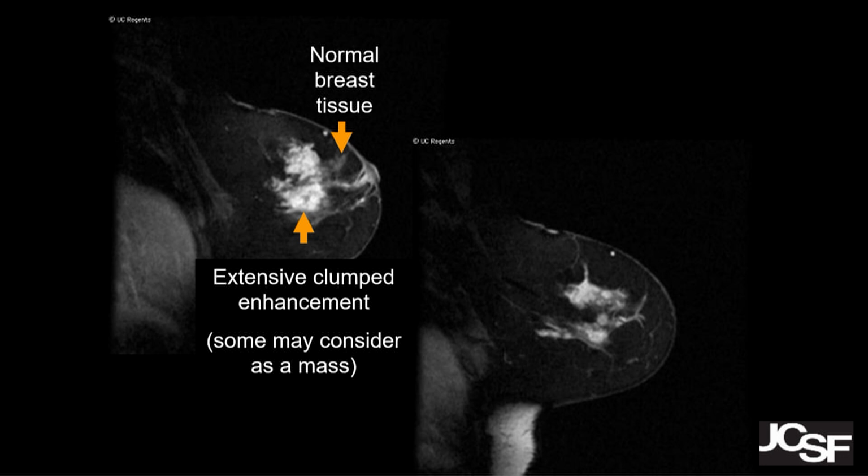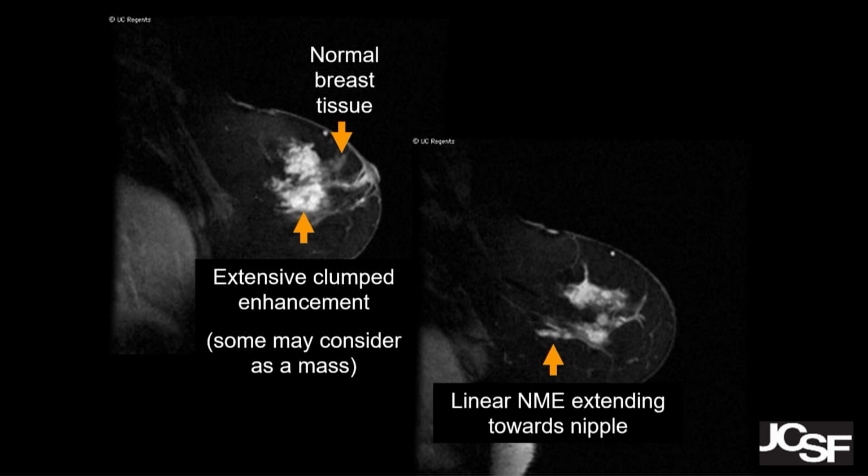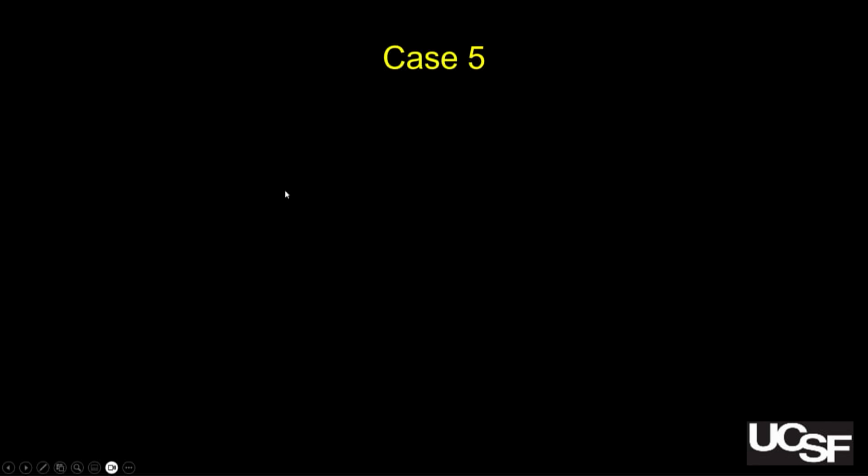There's the clumped non-mass. And hopefully as we sit here looking at these images, you will additionally pick up more findings. There is linear non-mass enhancement, sort of like 3 clumps in a row, extending towards the nipple. This was all DCIS, believe it or not.